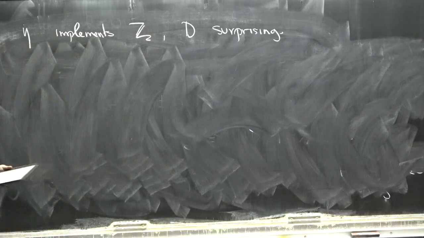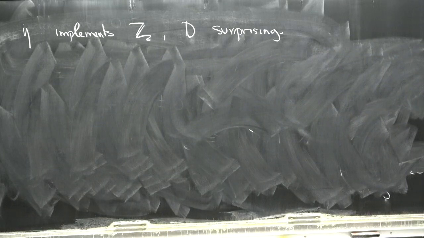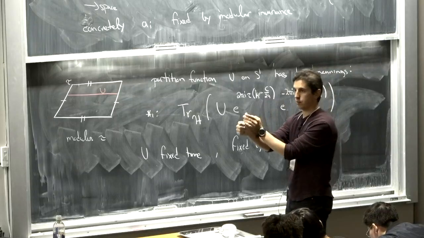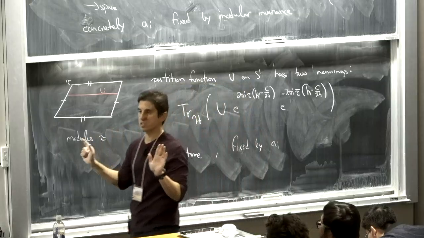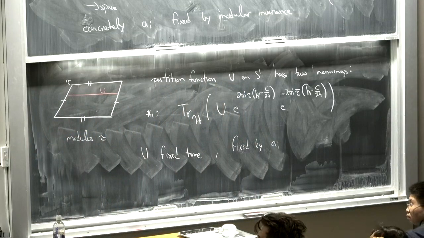Yes, question? Aren't we discovering D? So the question is, what's the logic for the discovery of D through modular transformation? This function you can compute given only the local operators and the proposed eigenvalues, A1, A sigma, and A epsilon. That is a known function of tau and the AI.